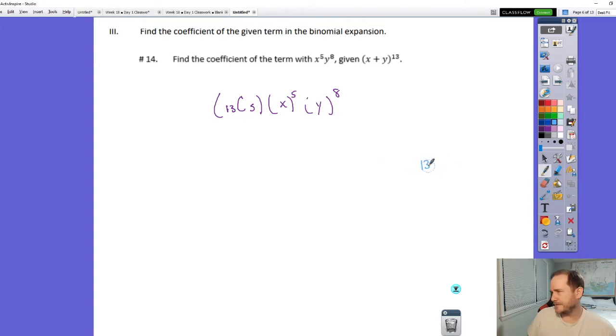So it's going to be 13, 12, 11, 10, 9. 13 minus 5 is 8. So the 8 factorial is going to cancel in the denominator with an 8 factorial. There'll also be a 5 factorial. 5, 4, 3, 2, 1. So the 8 factorials cancel. 3 and 4 makes it 12. 5 and 2 makes it 10.